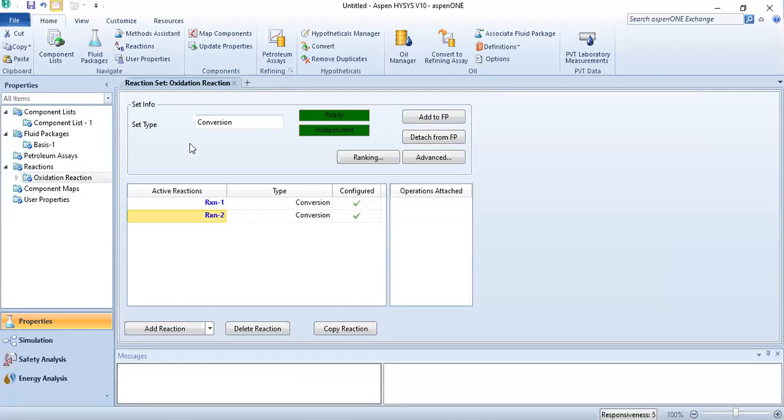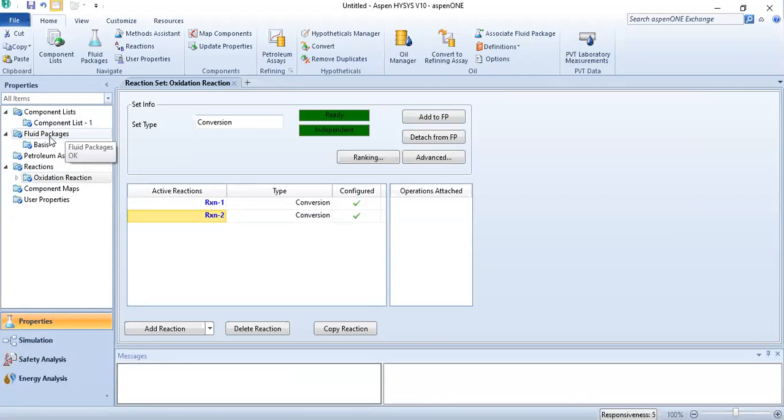At this stage, you can enter inside your simulation environment for doing the reactor simulation. In the beginning, we just took the components inside the component list and selected the thermodynamic package. Had it not been a reactor simulation, we would have entered the simulation environment after selecting the fluid package.